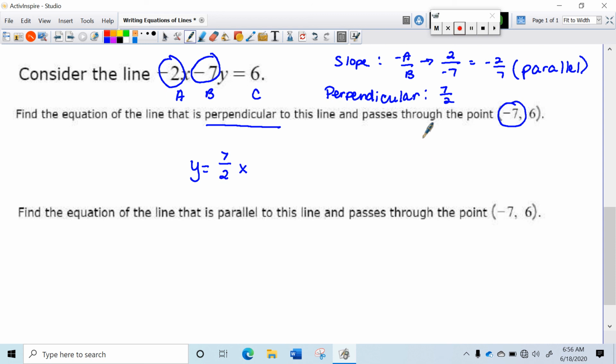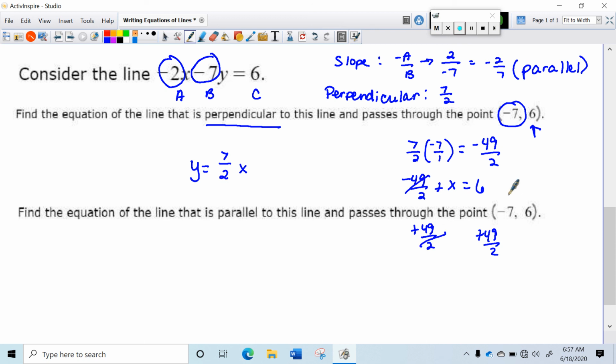I'm going to multiply it by negative 7. 7/2 times negative 7/1 equals negative 49/2. That doesn't divide out evenly, so just call it negative 49/2. Plus what equals the y value, 6. Okay, so I'm going to add 49/2 to both sides. Opposites cancel.